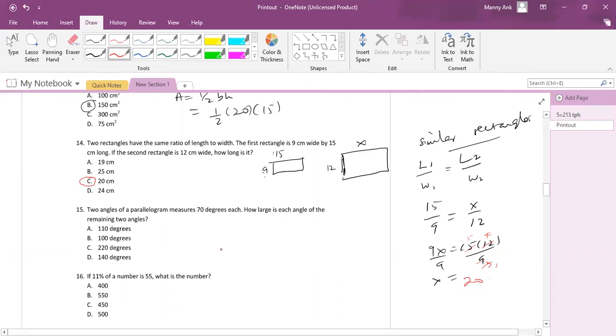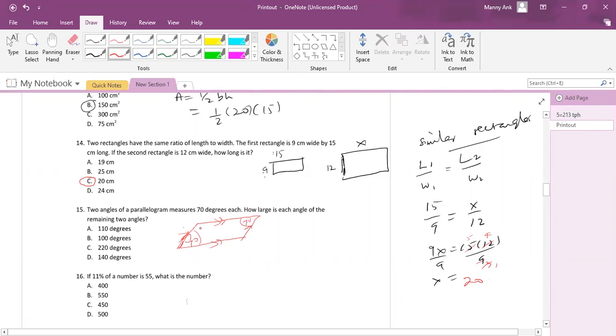Okay, so 15. Two angles of a parallelogram measure 70 degrees. So in a parallelogram, opposite sides are parallel, and opposite angles are congruent, that means the same. So if this is 70 here, I expect the opposite angle here to also be 70.